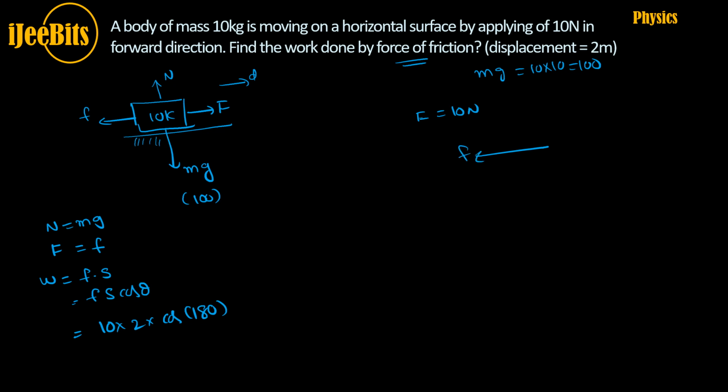This is the frictional force, this is the direction of displacement. So how much is this value? Minus 20 joules. This is the work done by the force of friction in this context. Clear? It's a simple one.